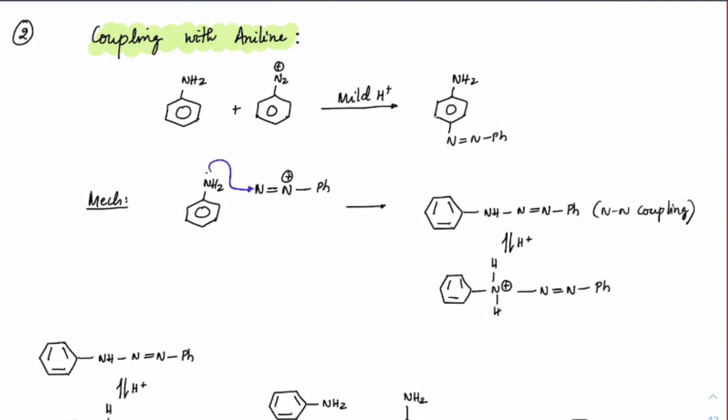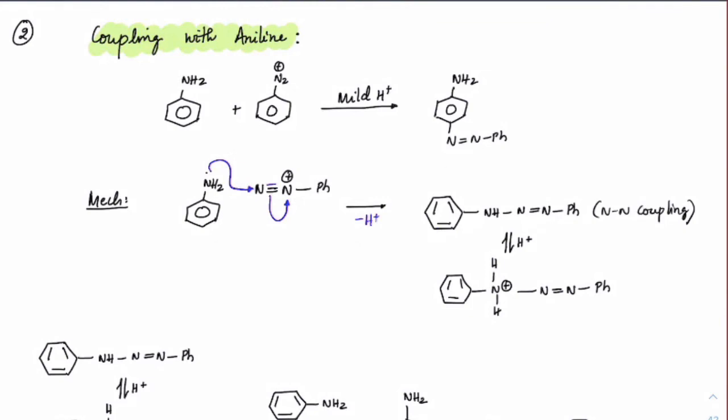So first nitrogen will attack the benzene diazonium salt here. It has a triple bond, so this bond will shift here, and we will get this form. H plus will be lost here, and we will get this form here.